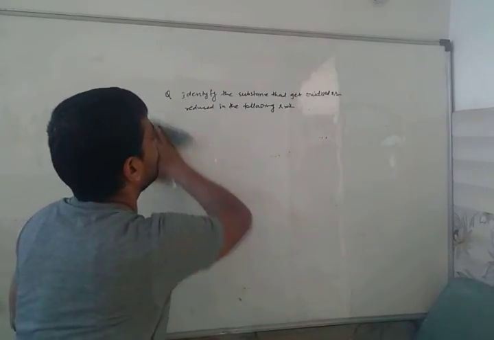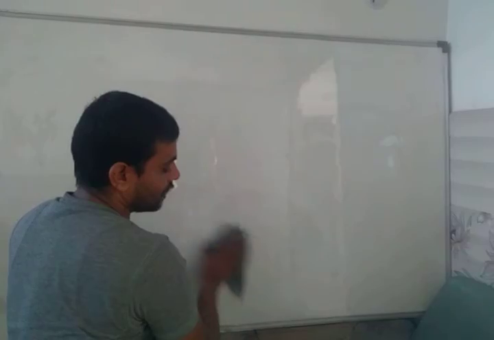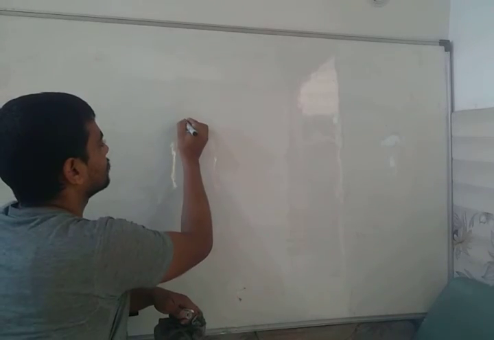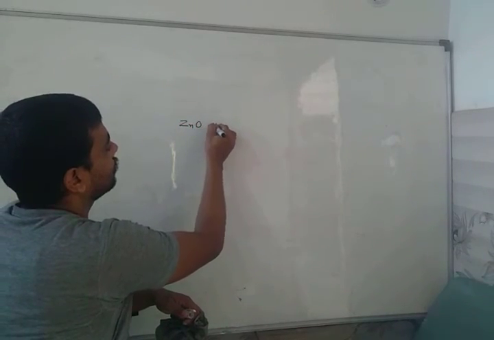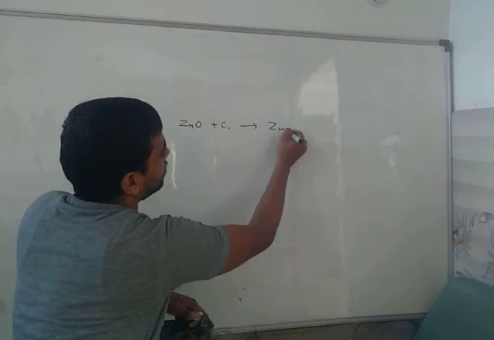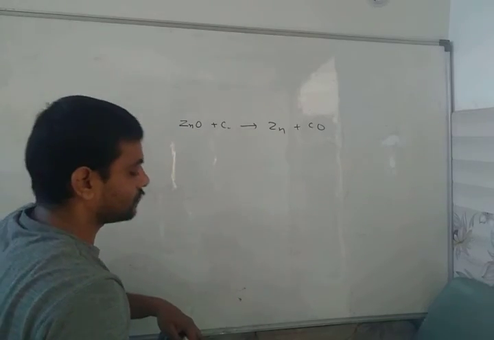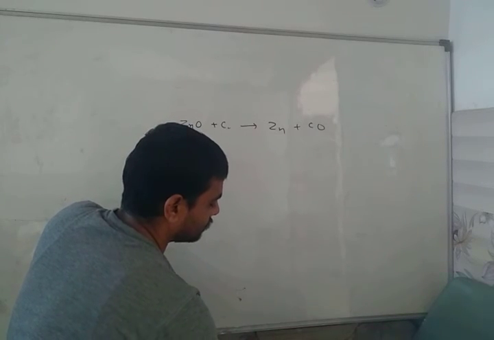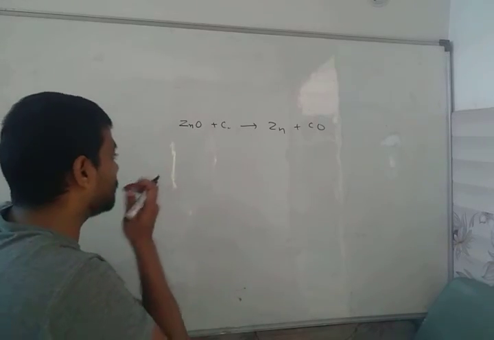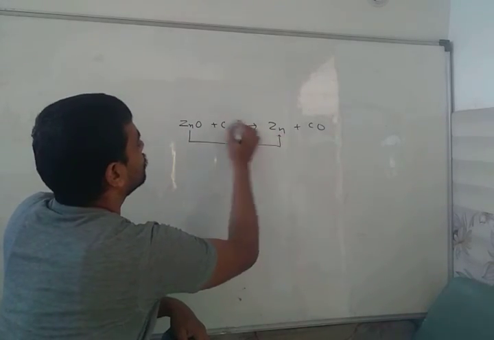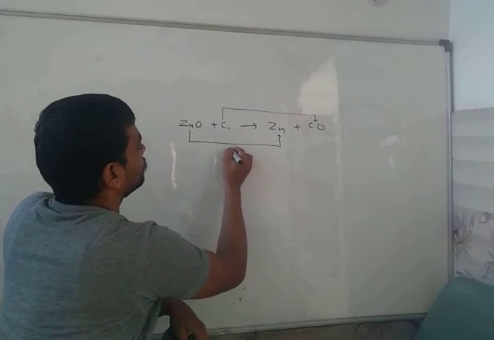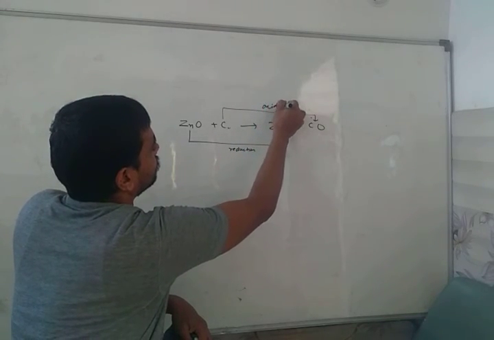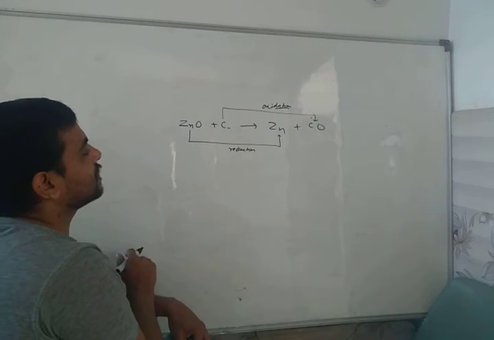First of all, I'm just trying to make you comfortable. Take the reaction ZnO plus C gives Zn plus CO. In this reaction, what happens? Zinc oxide is reduced and carbon gets oxidized. The substance that gets oxidized is carbon.